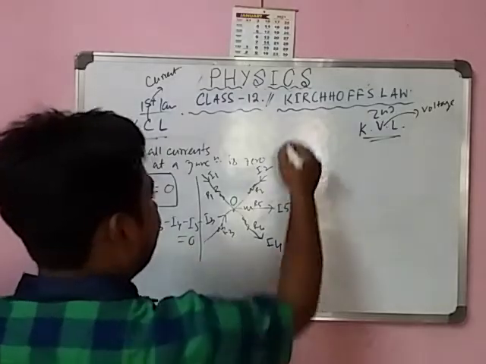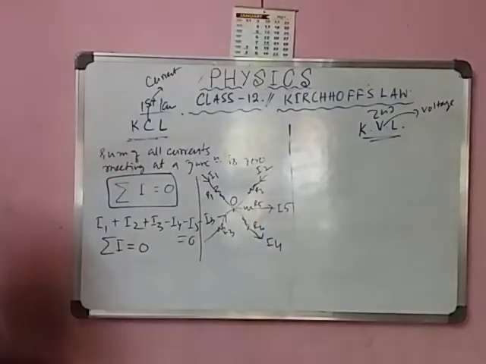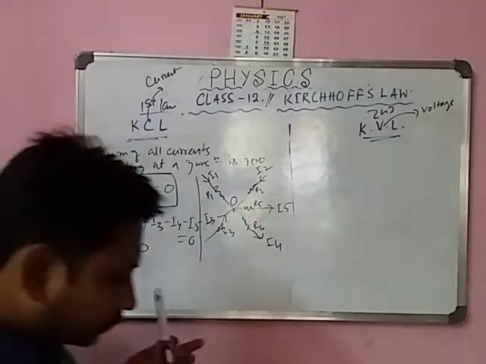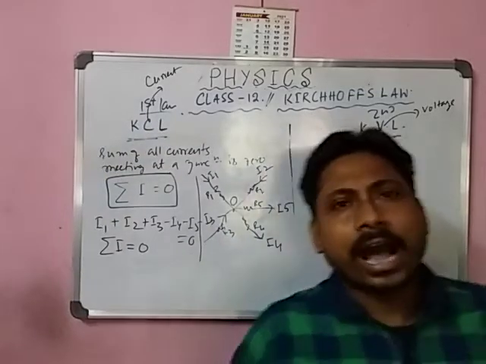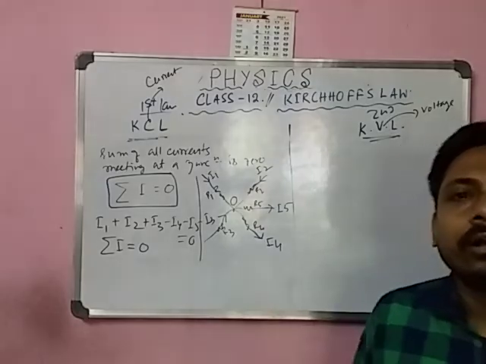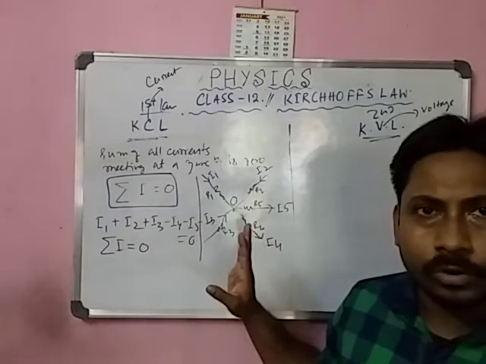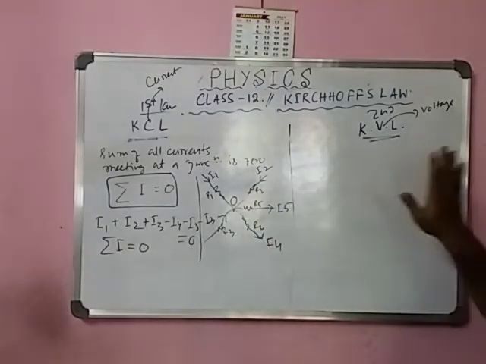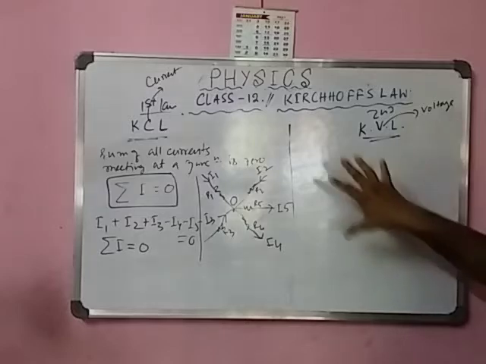Similarly, for KVL, Kirchhoff's voltage law, you have to take a closed loop. In the current law you can take a closed or open loop, but here you have to consider a closed loop.